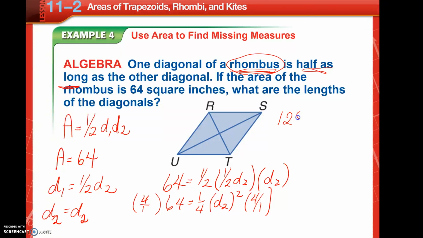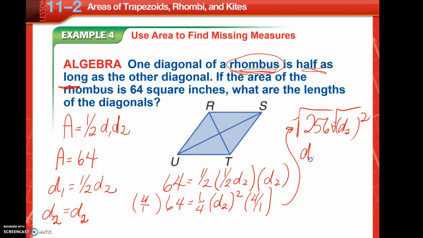So 256, excuse me, equals my diagonal 2 squared, and then square root both sides. And so diagonal 2 equals 16. Once I have diagonal 2, I can find diagonal 1, because diagonal 1 is half that. So diagonal 1 is 1/2 of 16, which is 8.